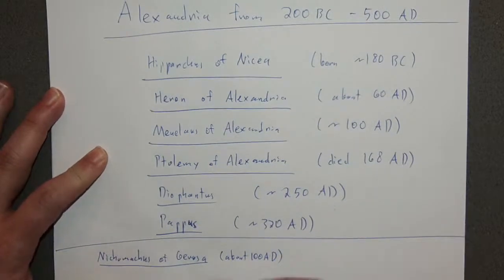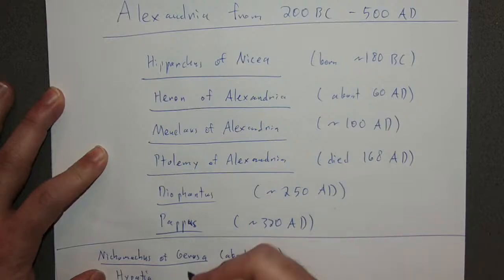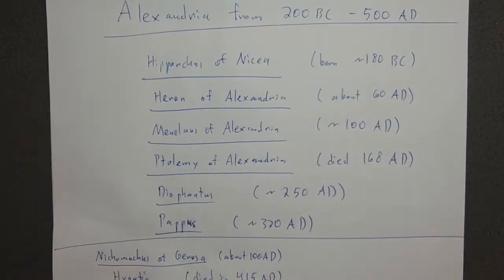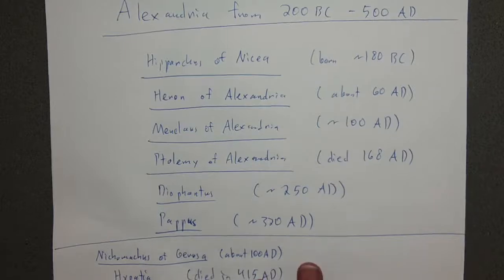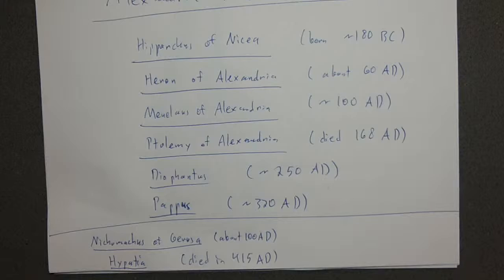There was Hypatia, a famous female mathematician who was famously killed in 415 AD during a riot. I think they were anti-pagan riots or something. The circumstances surrounding her death aren't totally clear. I'll talk more about that when I mention her.